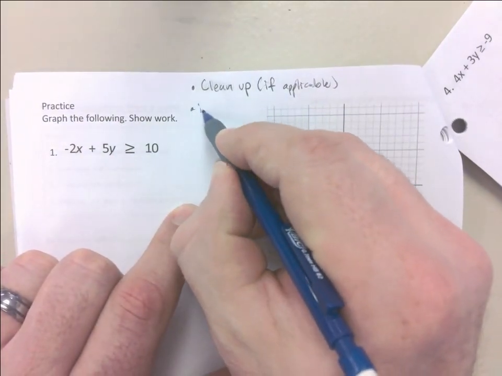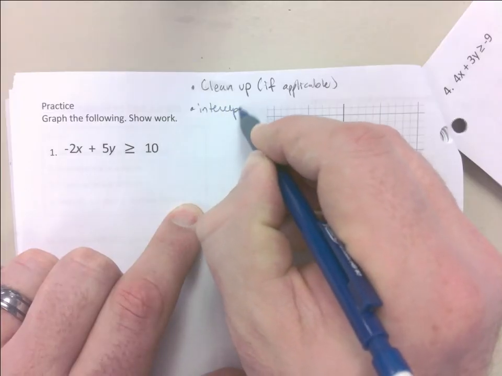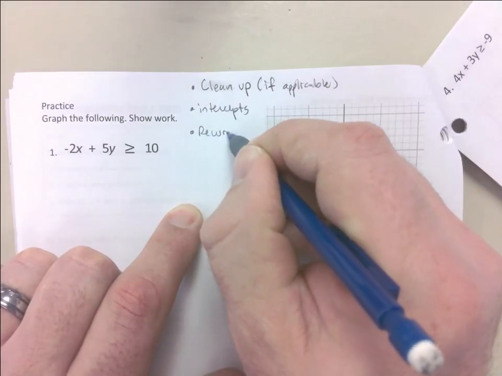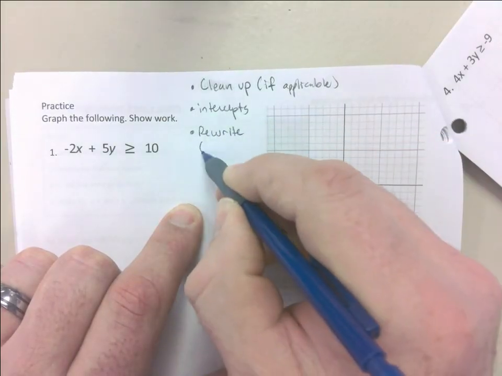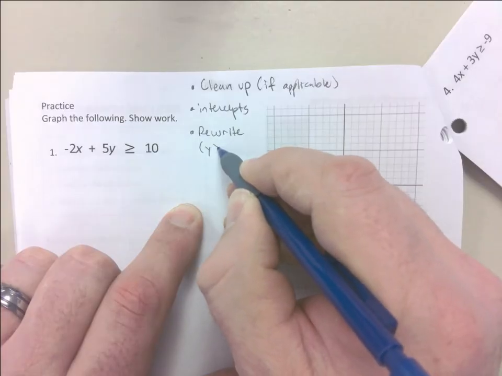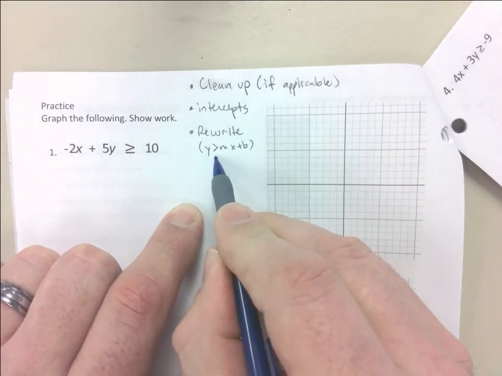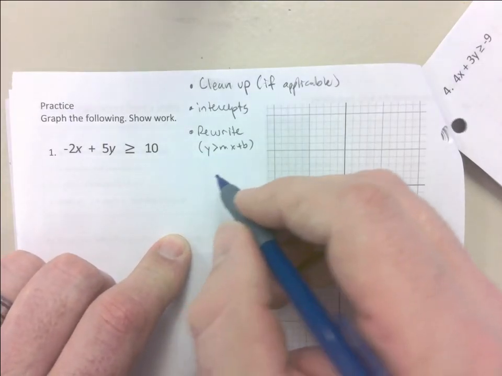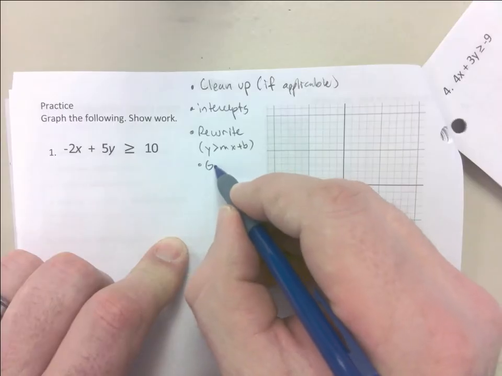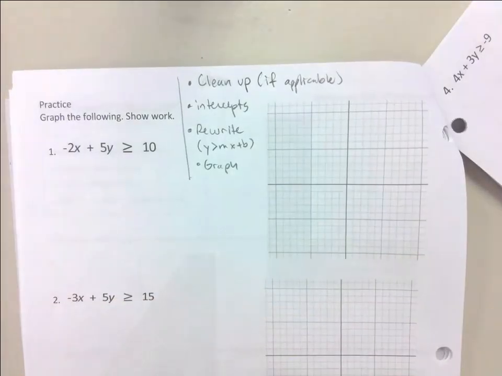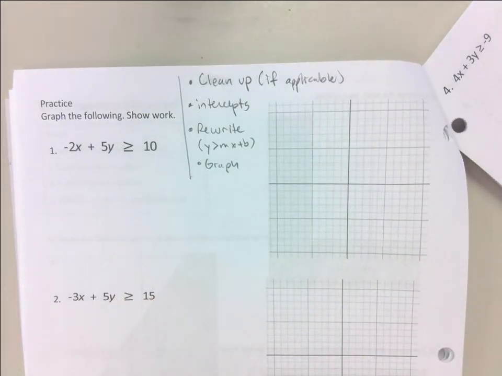Then find the intercepts. Then rewrite the inequality so that you end up with y is greater than mx plus b. Please don't think they're always going to be greater. This is just an example. And then graph. This is what I'm going to suggest every time for all these questions. This is what I would suggest you follow.